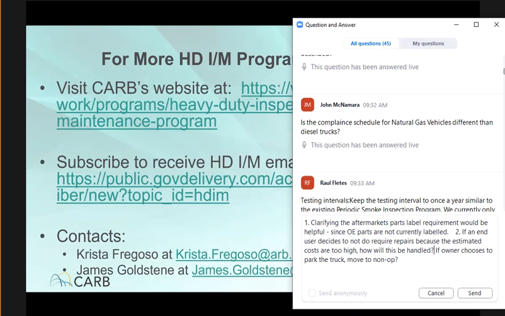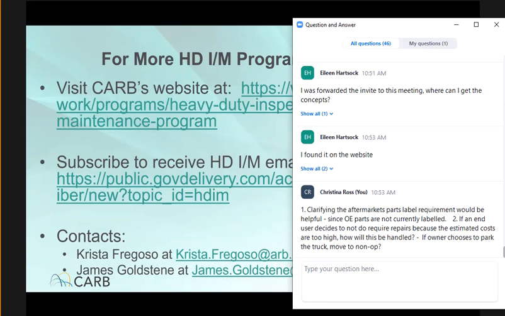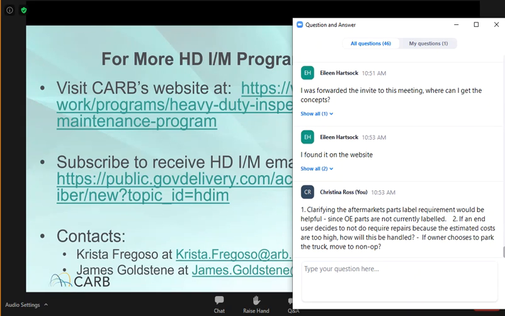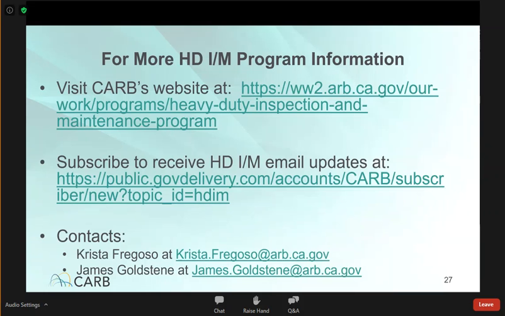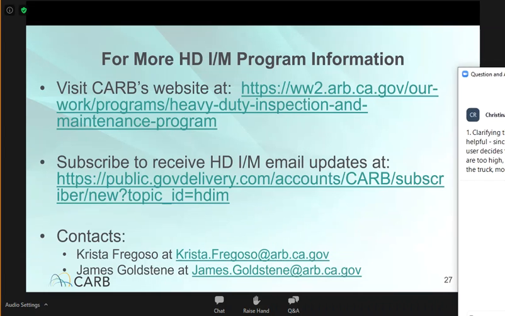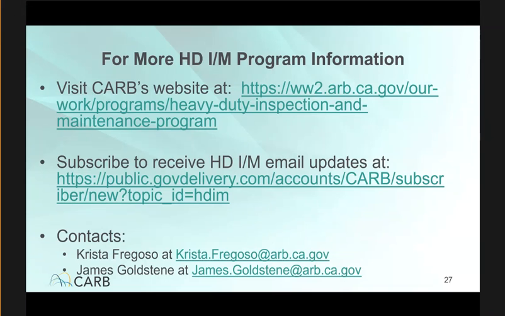Okay, so let me take these one at a time. And Eileen, I apologize if I am not giving you the exact answer that you're trying to ask here, but feel free to follow up if I misanswer your question. So the first one: is there an exception for on-road heavy-duty vehicles to have onboard diagnostic devices?